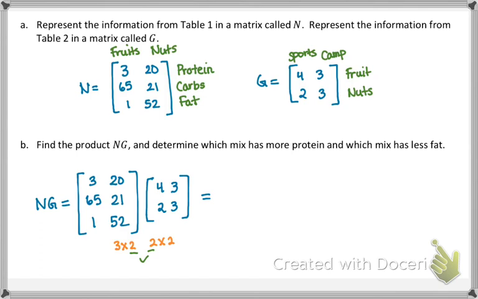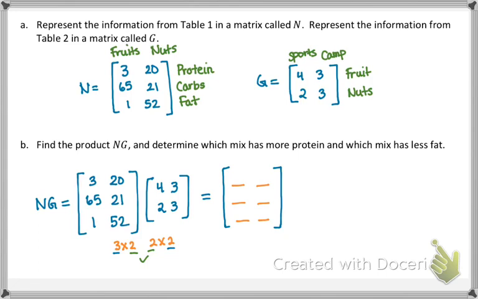And I know that after I multiply, my resulting matrix is going to be a 3 by 2. So go ahead and pause again, multiply them, and then I want you to think about, after you multiply, what do the rows and the columns of this new matrix represent?